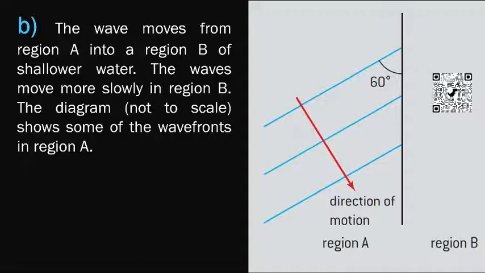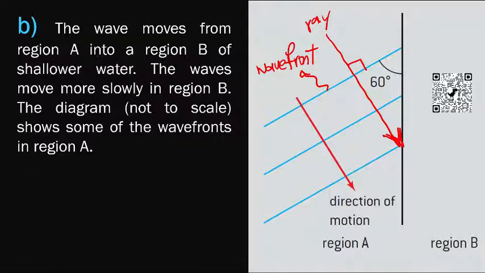The waves move more slowly in region B. The diagram, not to scale, shows some of the wavefronts in region A. Okay, you know that if I have a ray perpendicular to the wavefronts, this ray will bend toward the normal in region B. The reason is evident: in region B we have a slower wave, and so the deviation will be towards the normal.